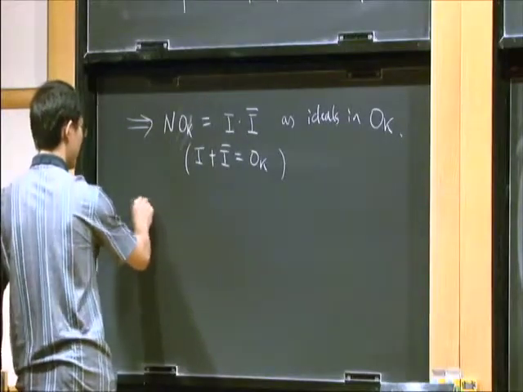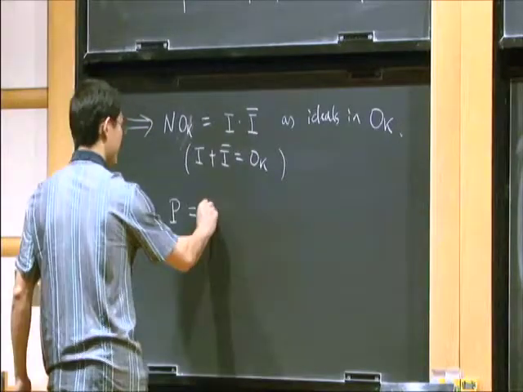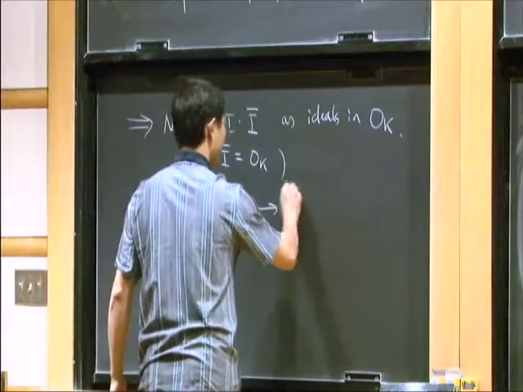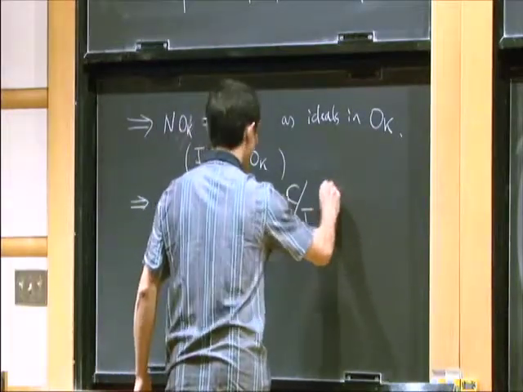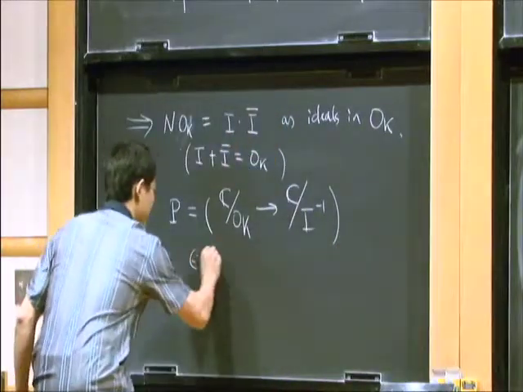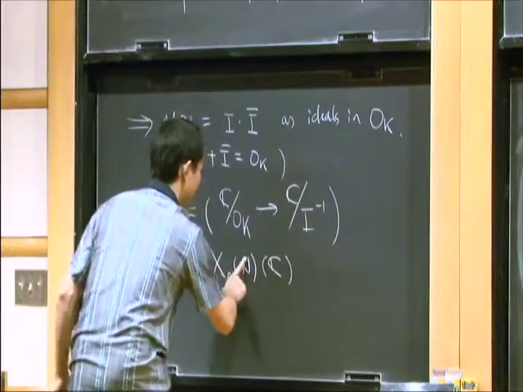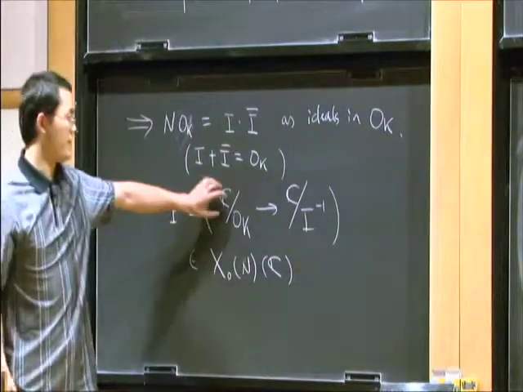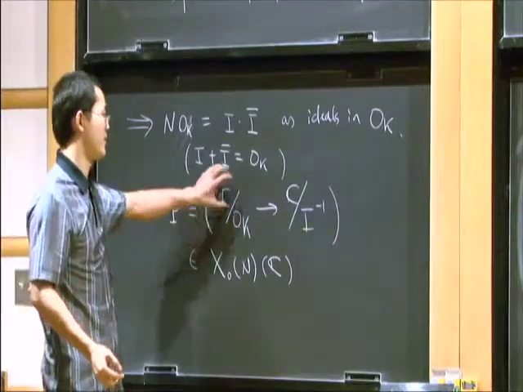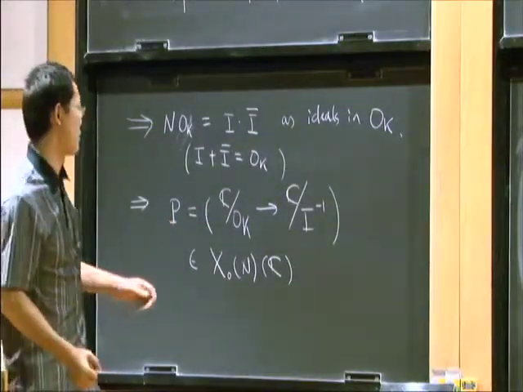We call it P, which is C/O_K maps to C/I^{-1}. This is a complex point on the modular curve. So O_K is a Z-module of rank 2 embedded into C, so the quotient gives you a complex torus, and it actually gives one elliptic curve.